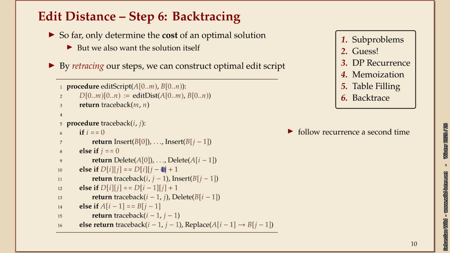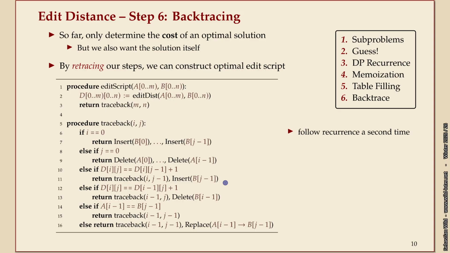So that was an insertion. I kept the i characters from the first string, but I add one more in the second string. Well, if that was the best choice, that means the last operation in the edit script has to be the insertion of that last character in the second string. And how do I get the rest of the edit script? Well, recursively. So I just call traceback on the subproblem that I'm picking the cost off here, and append this one more operation at the end.